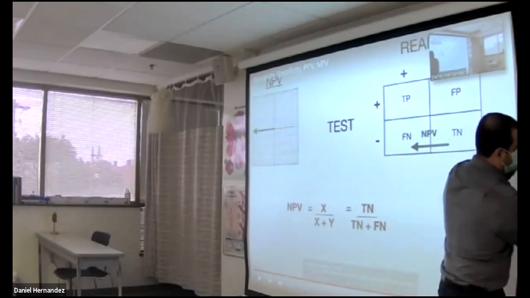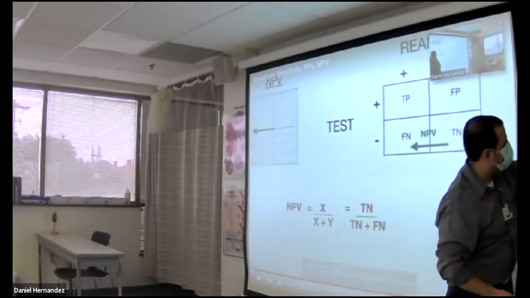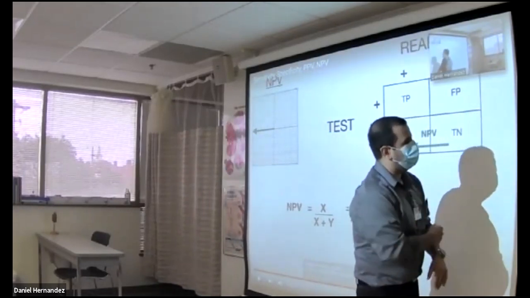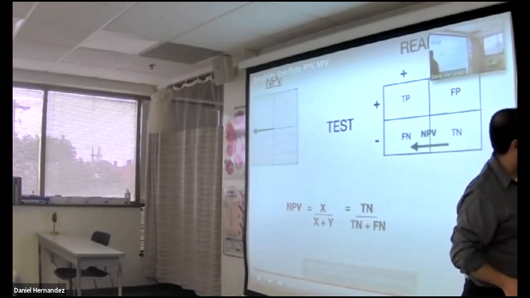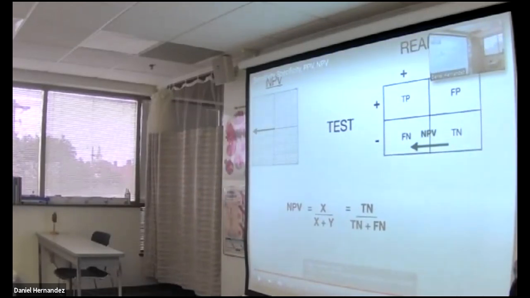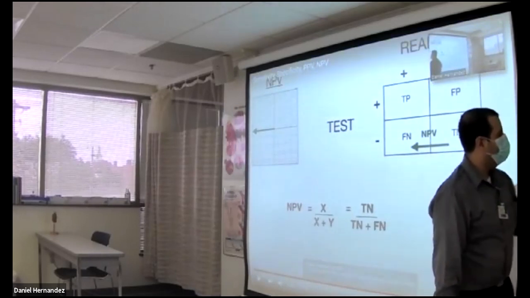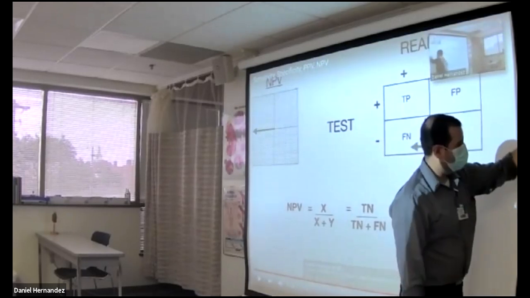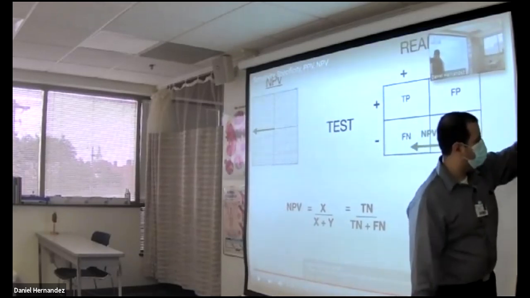If you could draw this and just know, sensitivity is for your columns and the negative and positive predictive value for your rows. These two are always going to be your numerators. So if you're doing positive predictive values, that's going to be your numerator, and then you just add the two of them for your denominator. Same thing, your numerator, and then just add the two of those for your denominator. And then if you're going the other way, numerator, add those two for your denominator.